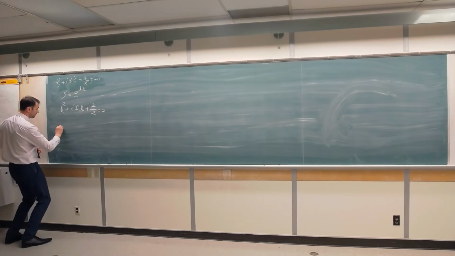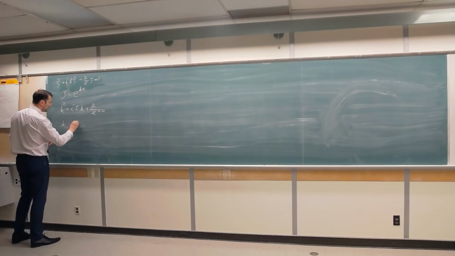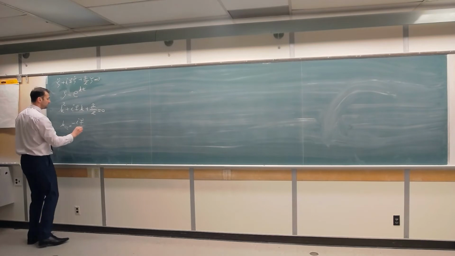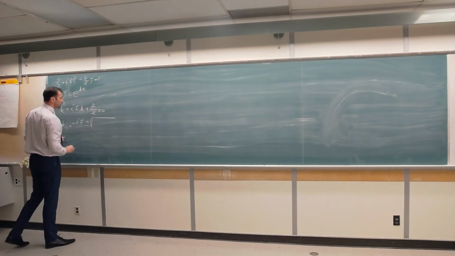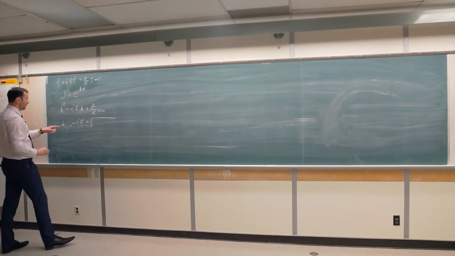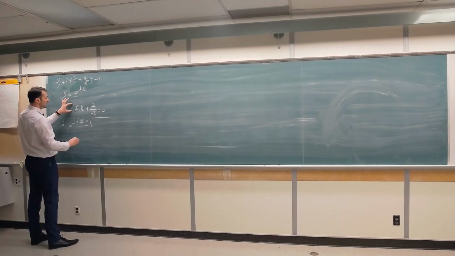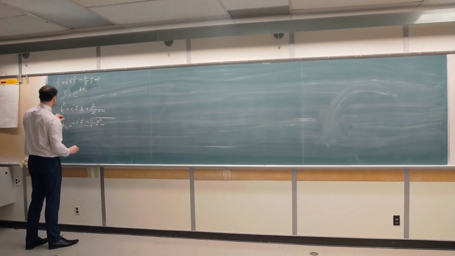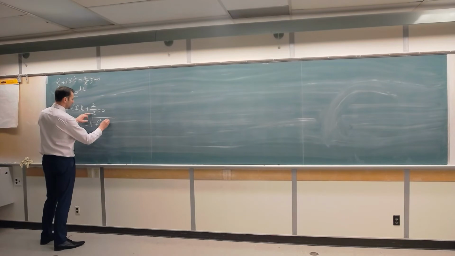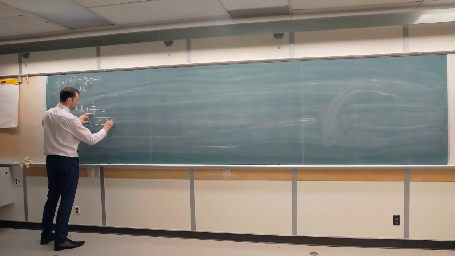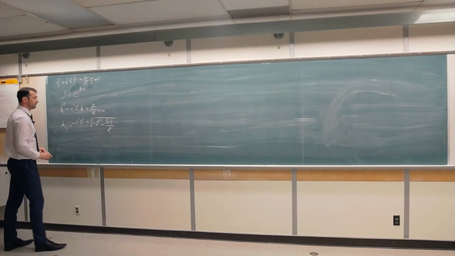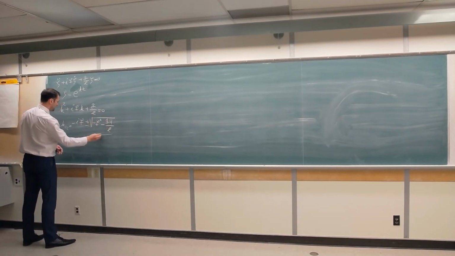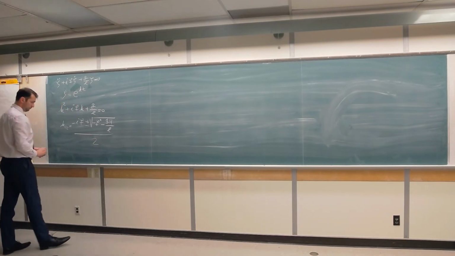Or k1,2 is equal to negative i f plus minus square root of this squared, but i squared is negative 1, so this will be negative f squared minus 4 times g divided by L. Sorry, this is g times 4 divided by L, and everything divided by 2.